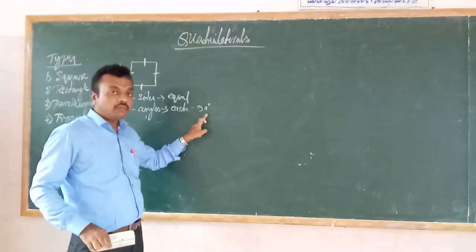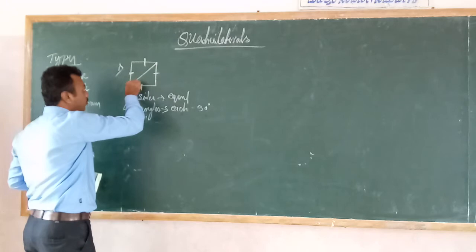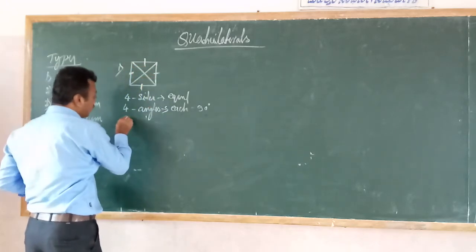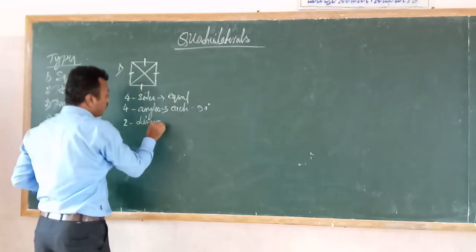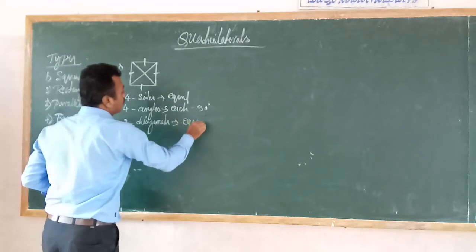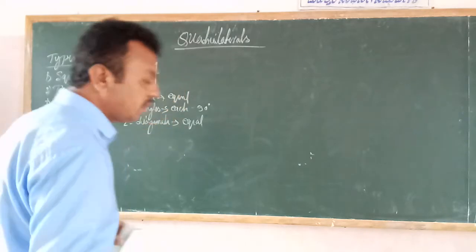Each angle is 90 degrees, and then come to the diagonals. Two diagonals are there. These two diagonals are equal. Okay.